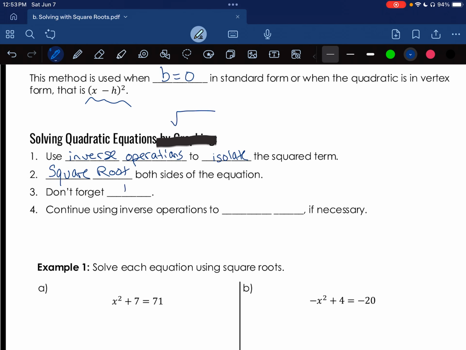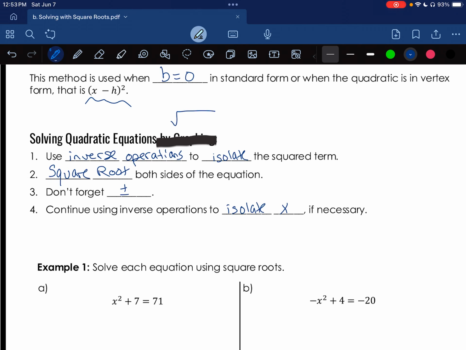And we're not going to forget plus or minus. Since we're taking the square root of both sides of the equation, we need to have plus or minus. And then, if necessary, we're going to keep using inverse operations to isolate x, right? Especially if we are dealing with something that had been in that vertex form, we might have to still do a little bit more work to get x by itself.